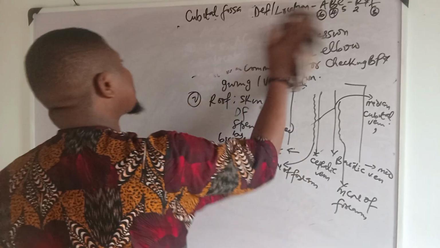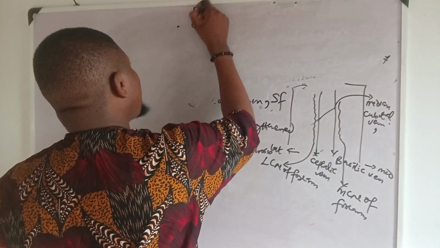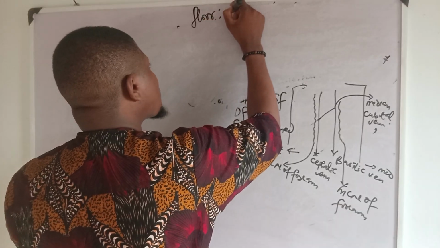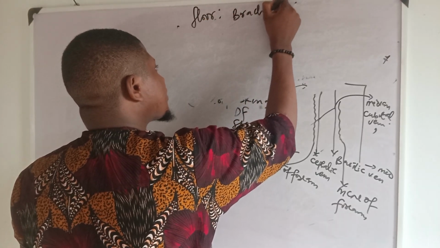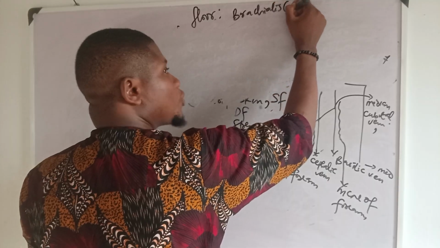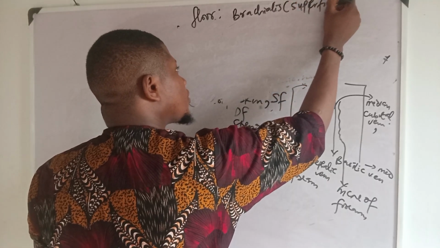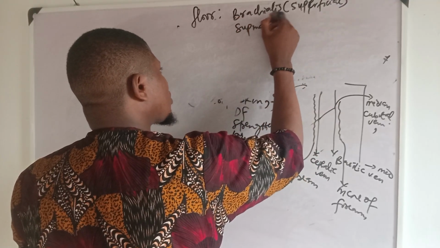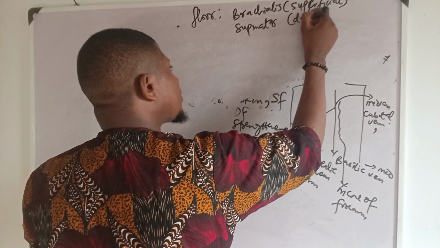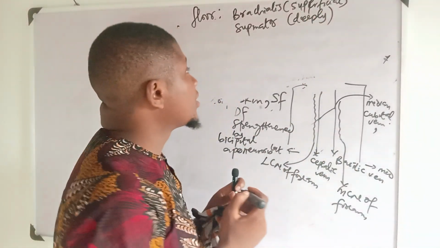Then let's look at the floor. The floor is formed by two muscles. The first one is brachialis, which is superficial. Then the second muscle is supinator, which is deep.